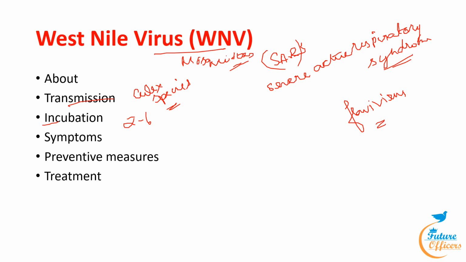According to the US Centers for Disease Control and Prevention, that is CDC, in individuals with impaired immune systems it may take several weeks, ranging from 2 to 14 days. Also, there have not yet been any reports of West Nile virus being casually transferred from person to person.